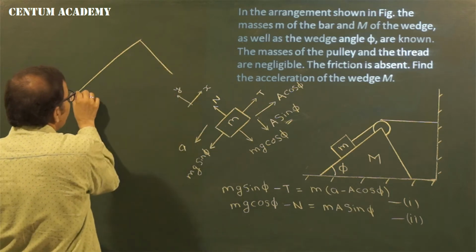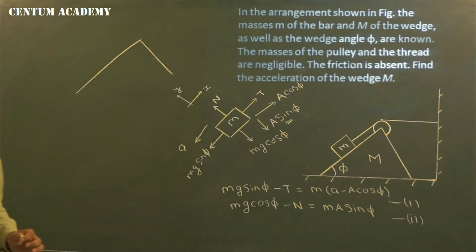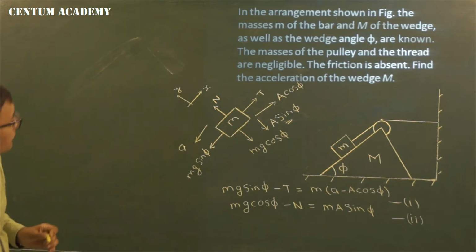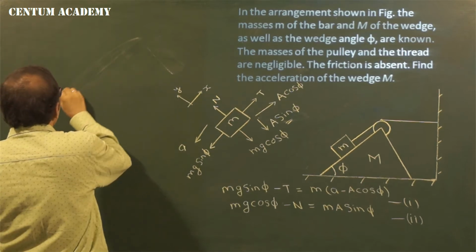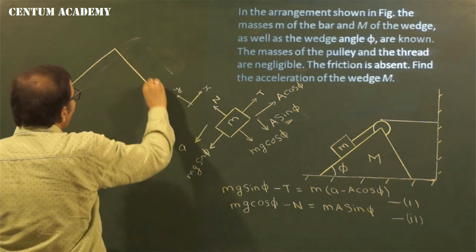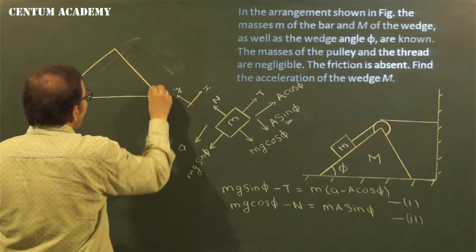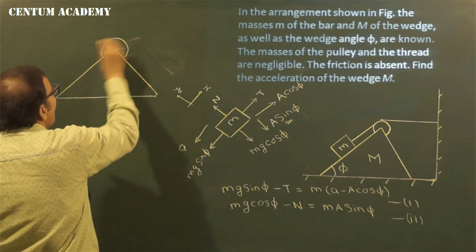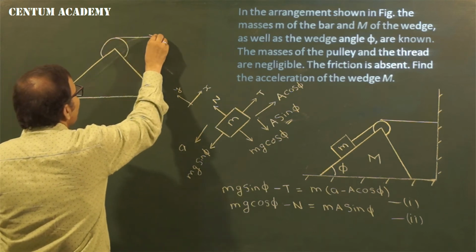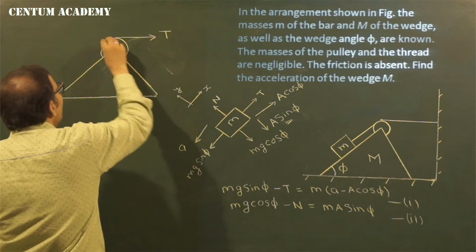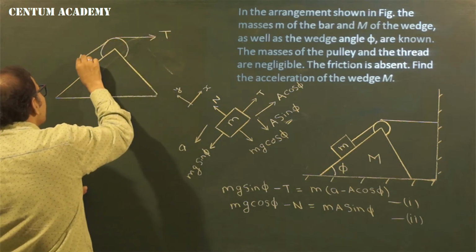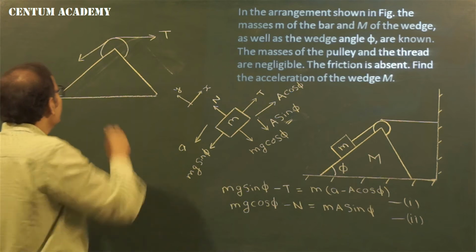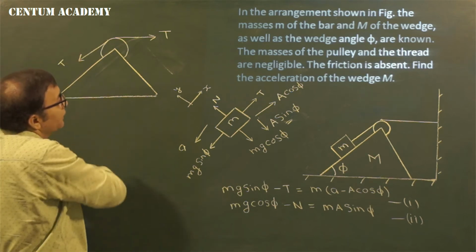So this is the wedge. This is tension T. What about this? That will also be the same string, so the same tension, that is also T.